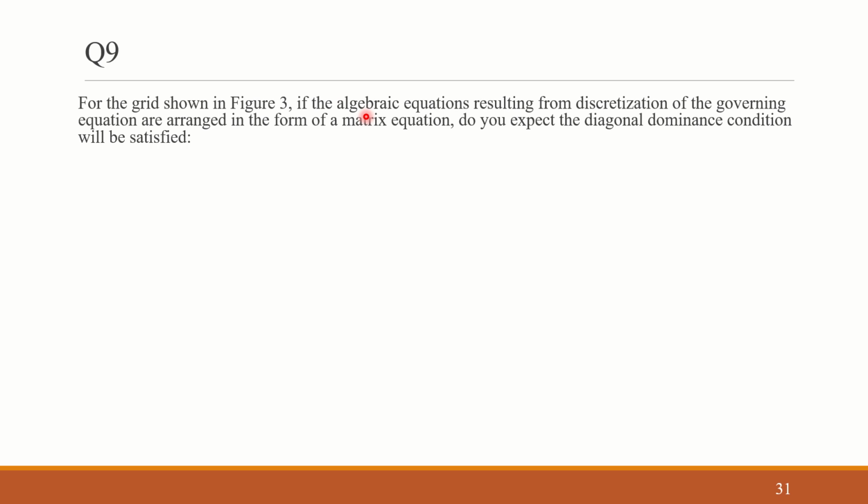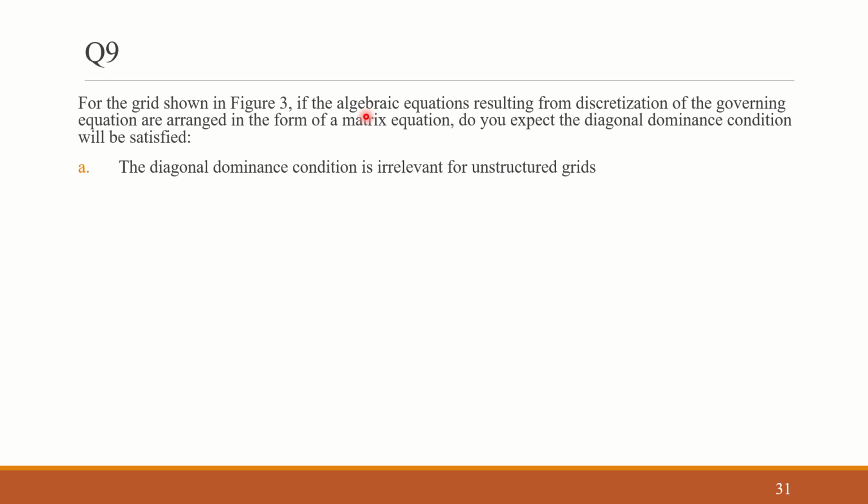So the question is again about figure 3, but here it is asked if the algebraic equations we are getting from the discretization of the governing equations are arranged in the form of a matrix equation, will we expect it to follow the diagonal dominance condition?